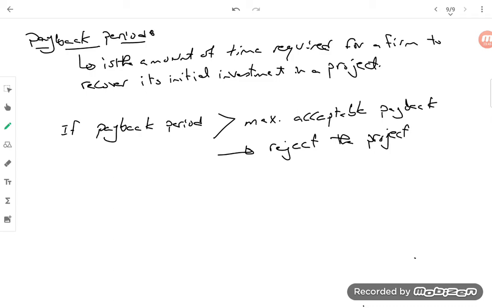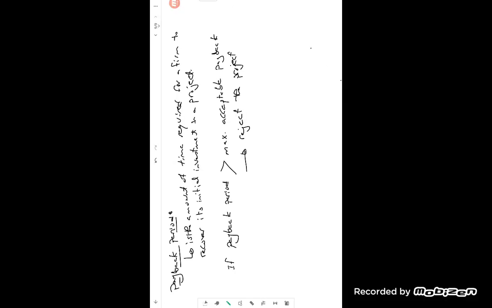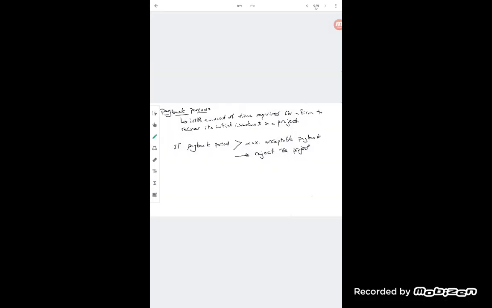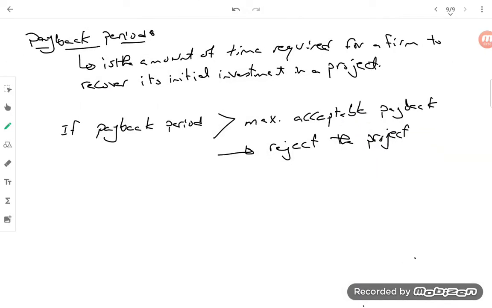So say for example, if the management decide that the maximum acceptable payback period is 2 years and from the cash flows you have calculated the payback period to be 2.5 years. So this means that the payback period is greater than the maximum acceptable payback period, and then the project will be rejected.